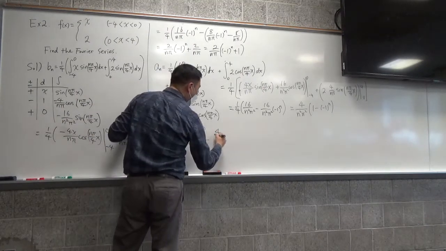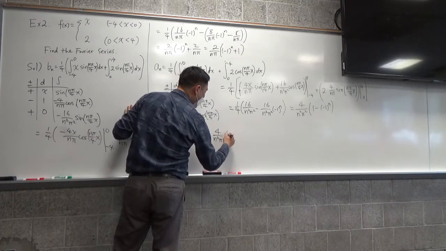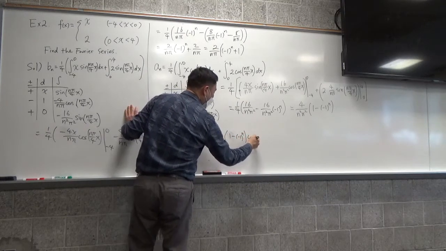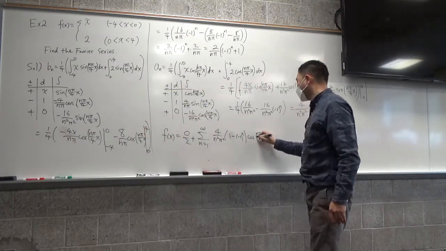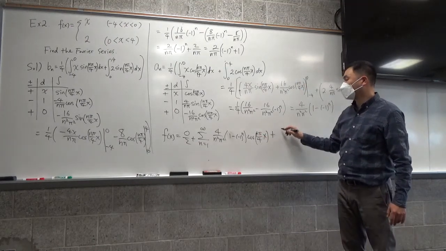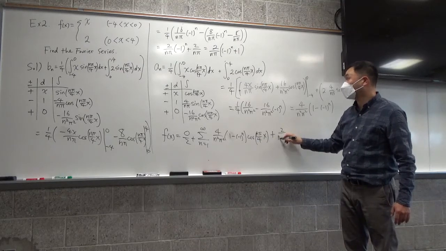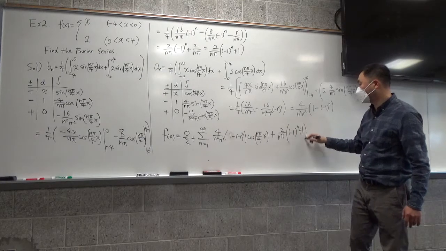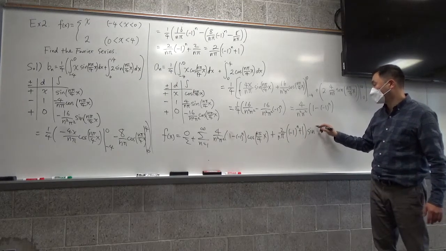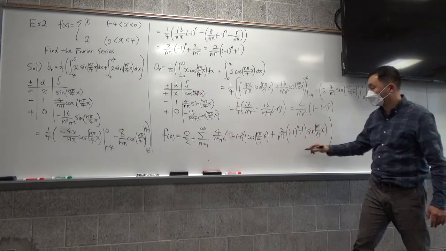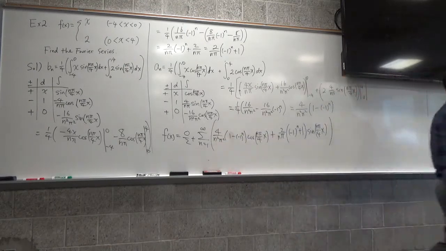And then you have 4 over n squared pi squared, 1 minus negative 1 to the nth power, cosine n pi over 4x, plus the other one, 2 over n pi, negative 1 to the nth power plus 1, sine n pi over 4x. So that's the full Fourier series.